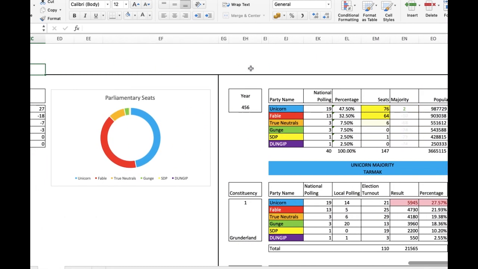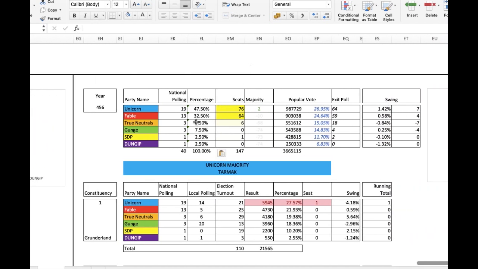So moving on to the year 456, the unicorns just scraping a majority of 2 here, with their plus 19 to Fable's 13, and so on. Here's where things again have started to get kind of interesting, just on the way the dice have rolled.